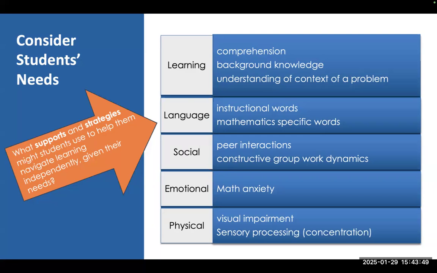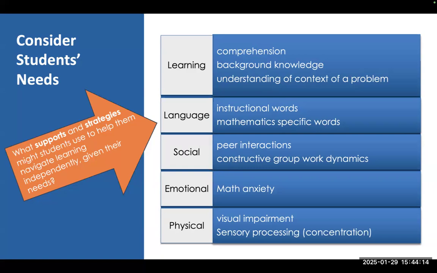We want to think about if there are social needs that students might have, peer-to-peer interactions or constructive group work dynamics that we need to consider as we're designing those learning experiences for students. We also want to consider their emotional needs, like math anxiety is very prevalent in our schools and in our classrooms.